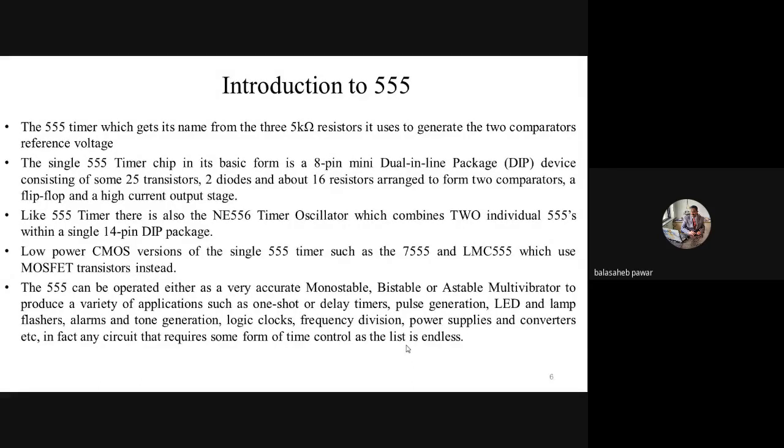So this IC 555 is named 555 because there are a total of three 5 kilo ohm resistors which are used to generate the reference voltage for the comparator circuit designed in the IC 555. I will just show you.